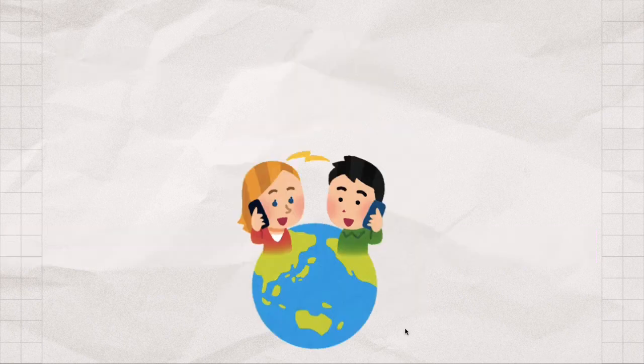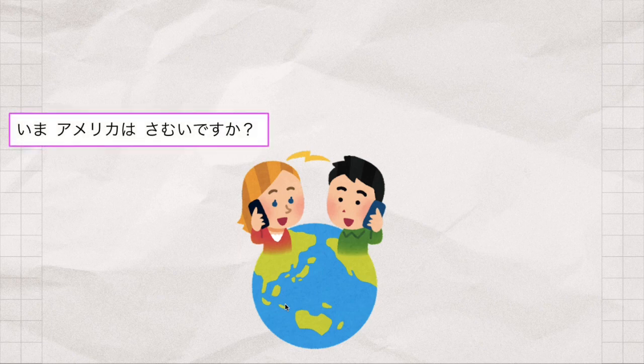Okay, the next one. From the picture, we could tell that these two people are talking overseas through their cell phones, and the woman from the other side of the world is asking if America is cold right now. She says, 今、アメリカは寒いですか?